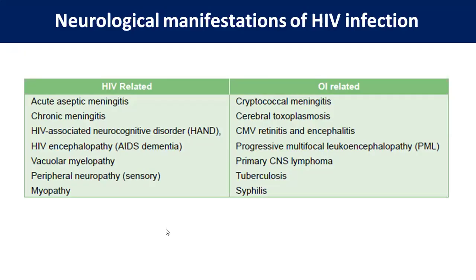OI related because of HIV, which is also called as immune deficiency syndrome. This syndrome is a complex of opportunistic infections causing various manifestations, from cryptococcal meningitis, cerebral toxoplasmosis, CMV retinitis, encephalitis, progressive multifocal leukoencephalopathy, primary CNS lymphoma, tuberculosis, syphilis, and so on.